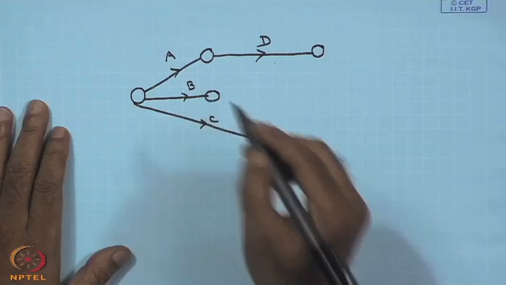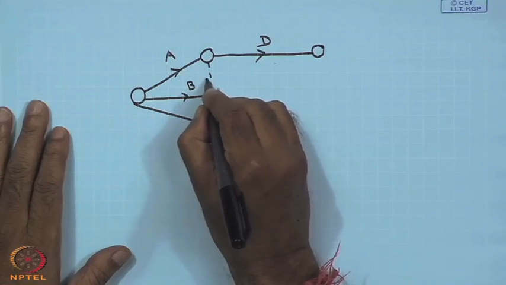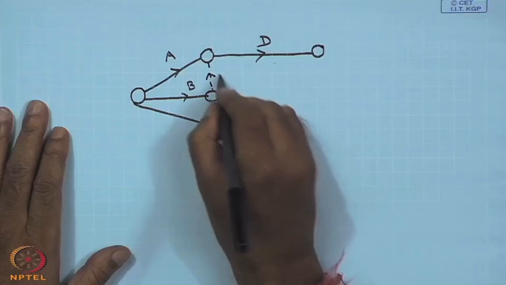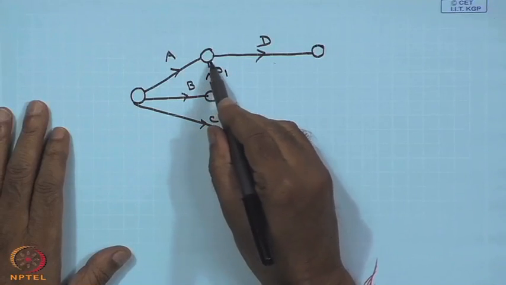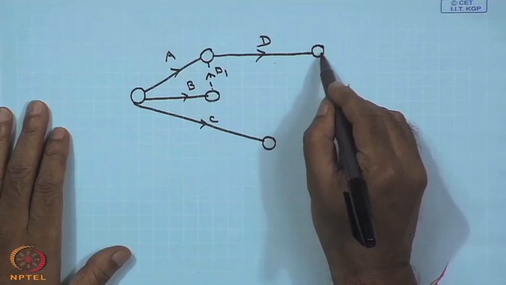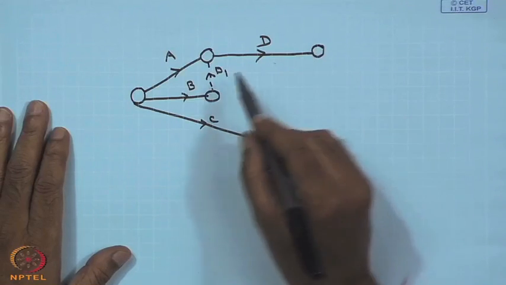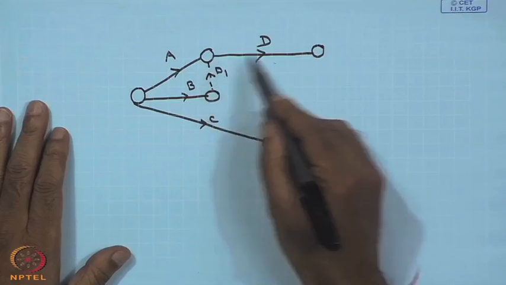Once B is completed, from B to A I can use one dummy activity, say D1. Please note this thing. If I use a dummy activity D1, then when I start this activity D, I am ensured that activity A and activity B have been completed already.